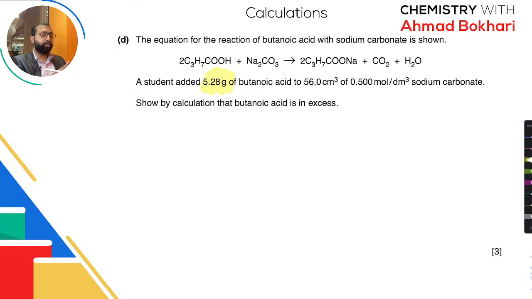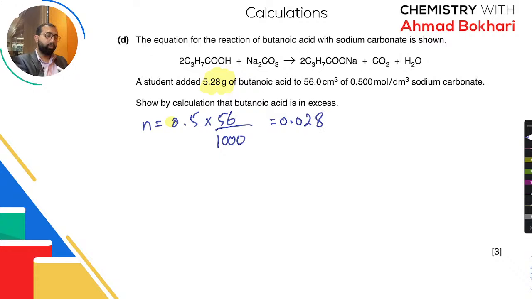First, figure out how much mass of butanoic acid you actually need. So I have the number of moles of the other thing. That is going to be 0.5 N equal to Cv, into 56 over 1000. So that is going to be 0.028 moles of sodium carbonate.